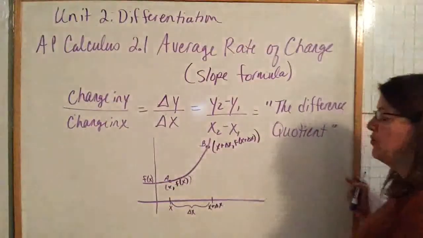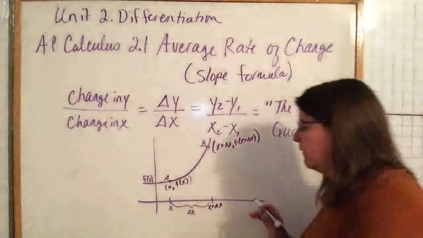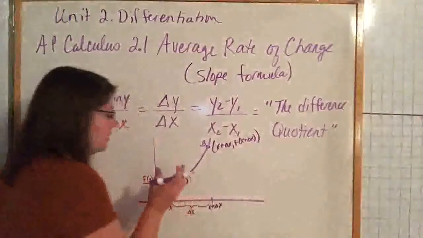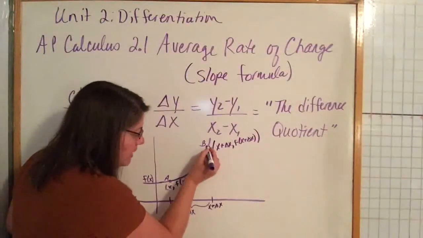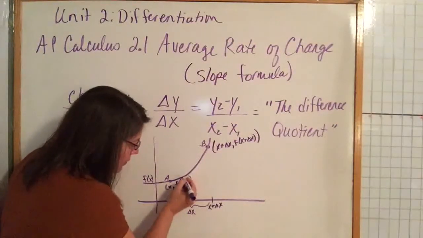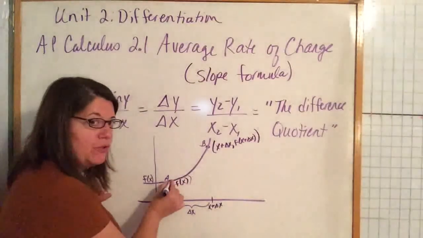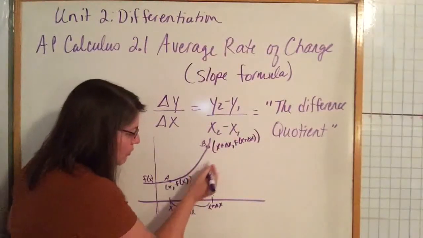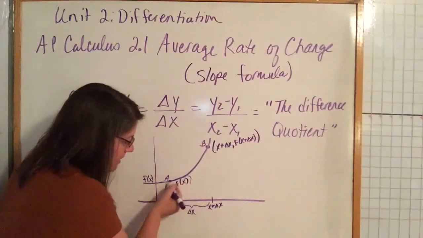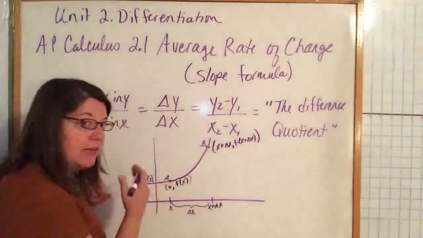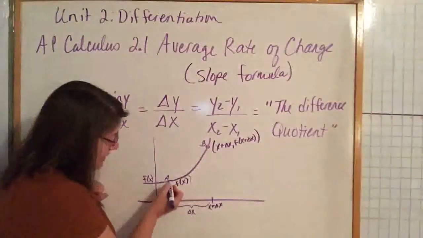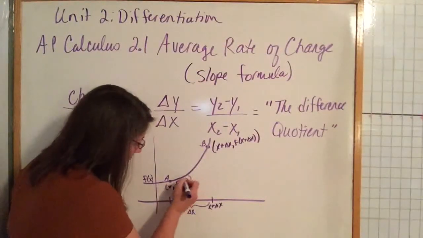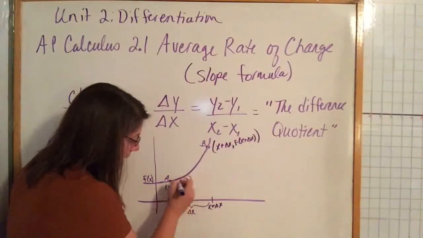So if you think about that, as we move this point closer and closer and closer to this point, isn't our slope going to get gradually less and less steep until eventually we find the slope of the tangent line at A?